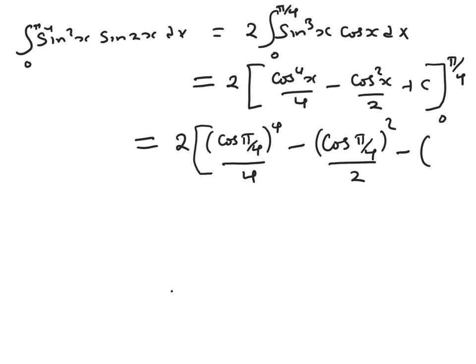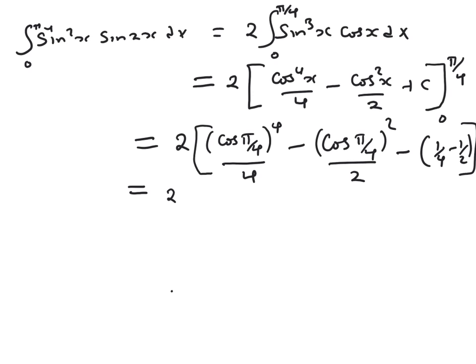The cos of 0 is 1, so this is 1 over 4 minus 1 over 2. But you know the cos of pi over 4 is 1 over root of 2. If we leave it as 1 over root of 2, squaring 1 over root 2, you get a half, and then squaring it again, you'll get a quarter.